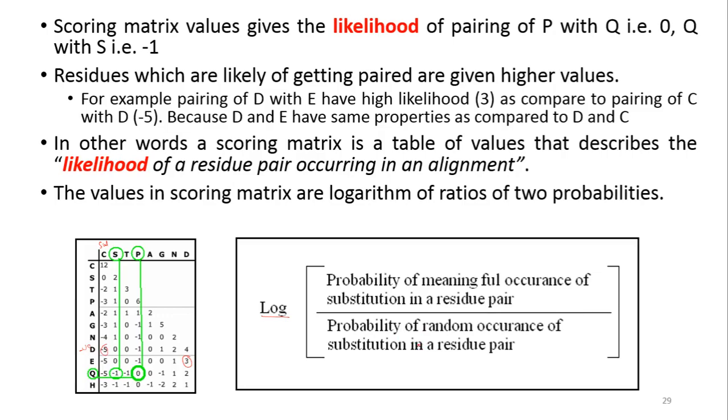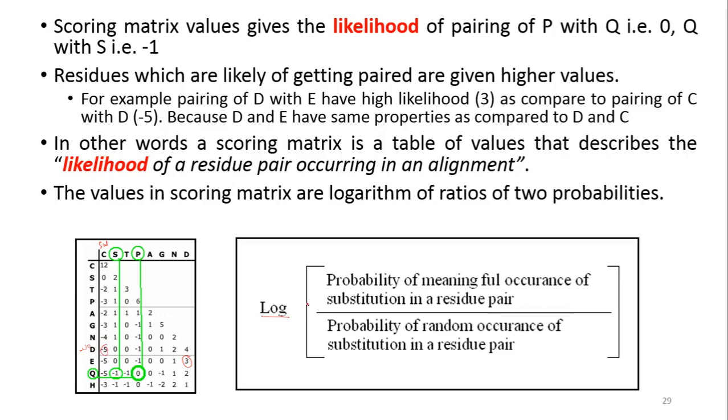In order for the likelihood of a substitution to be high, the probability of meaningful occurrence must remain high in comparison to the probability of random occurrence. Then the log odds value calculated for the substitution will be high, and the substitution in the two sequences would be considered significant.